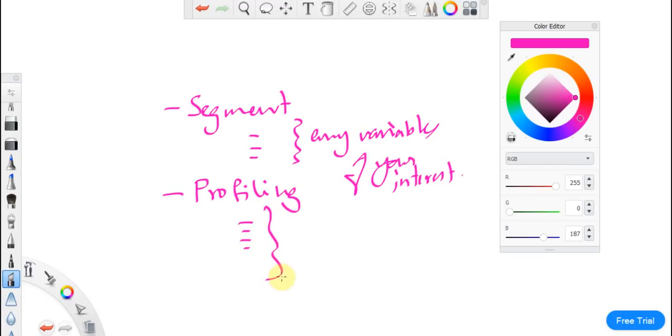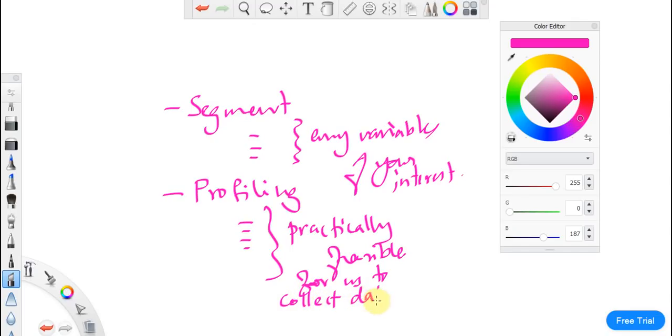But when you choose a profiling variable, it should be practically feasible for us to collect data in the future. And based on these variables, the segments should have a difference. So you basically try to do a t-test or ANOVA to identify which is the appropriate profiling variable.